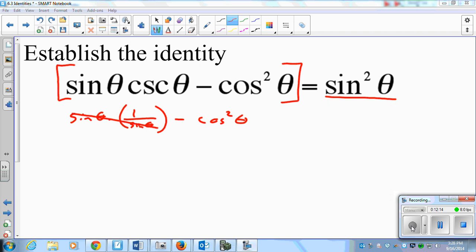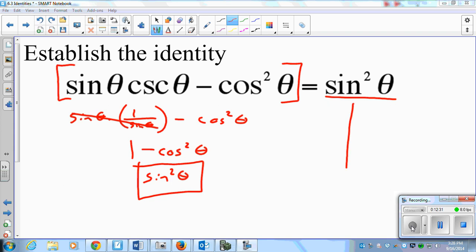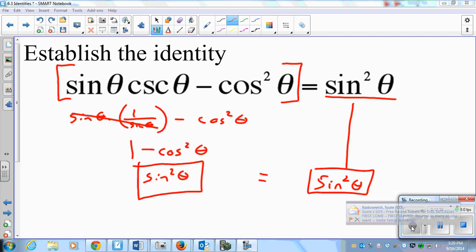Well, these simplify to 1, and I get 1 minus cosine squared theta. 1 minus cosine squared theta from my Pythagorean identity is sine squared theta. I see I've shown that this left side is equal to this right side. So I can just box this down and say that sine squared theta is equal to sine squared theta, showing it through my identity process.